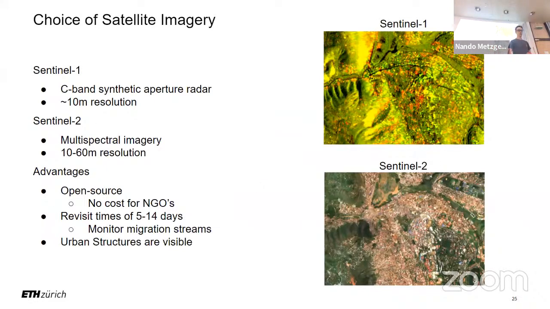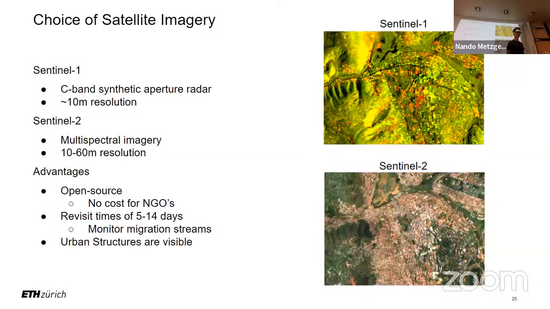The modality that we chose to do this was Sentinel-1 and Sentinel-2. This is a radar sensor and a classical optical sensor, and both of them have a resolution of up to 10 meters.